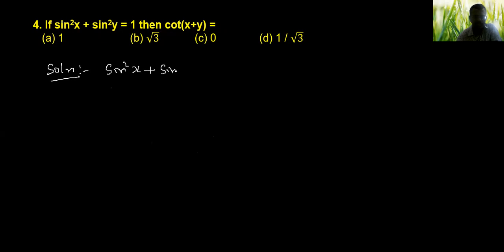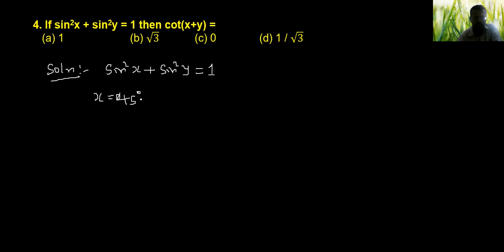Now the next question, question number 4, uses the same logic. Sin square x plus sin square y equals 1. Find cot of x plus y. Here also we go with the same method. Put x equal to 45 degree. 45 degree means sin 45 is 1 by root 2, whole square is half, and half plus half is 1.